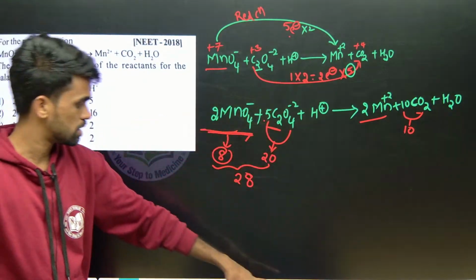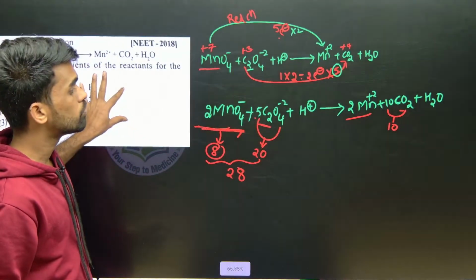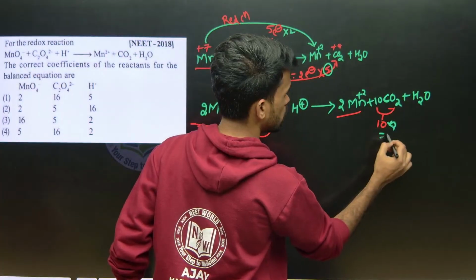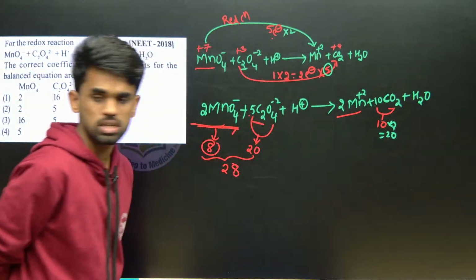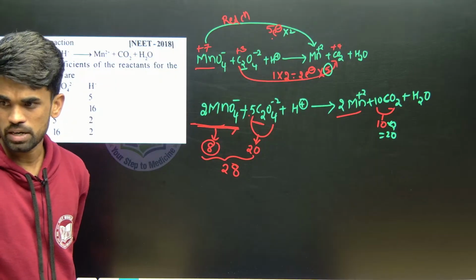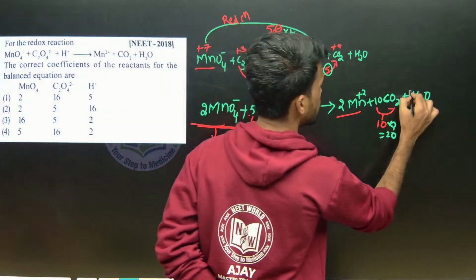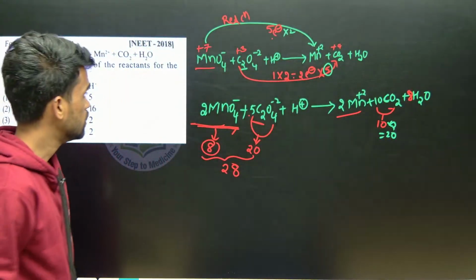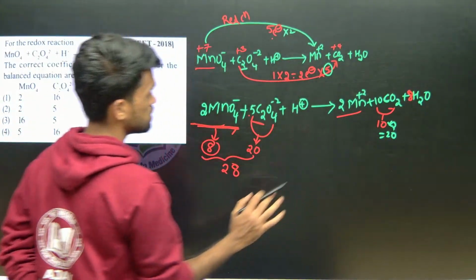On that side how many are there? 10 here, 2, so 10 means you have only 20. So how many oxygens are still required? 8 oxygens. Where are they required? Product side. There you add 8 water molecules. That's it. Now oxygens are balanced.